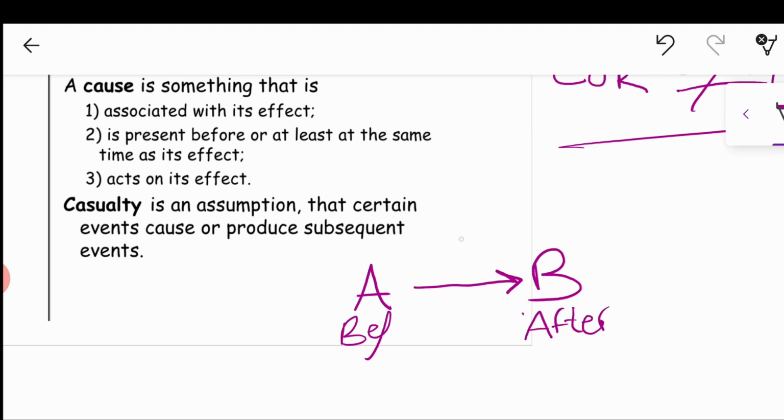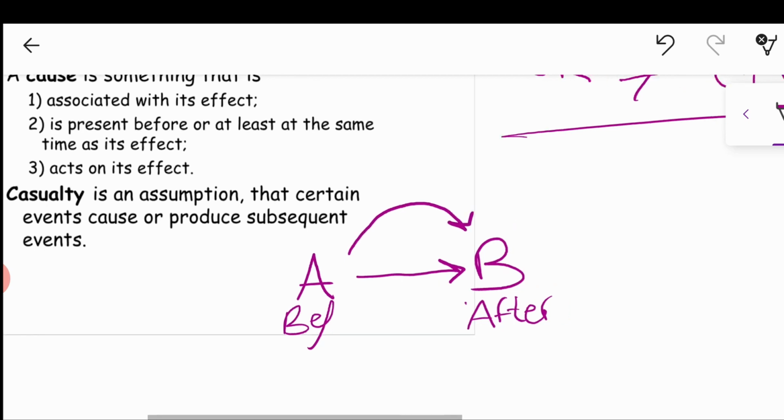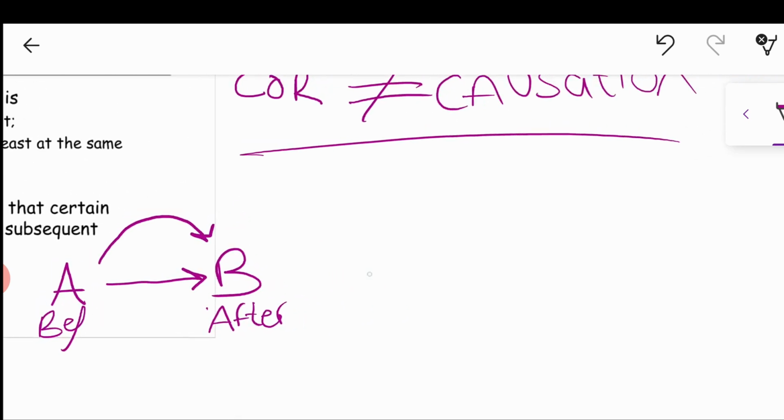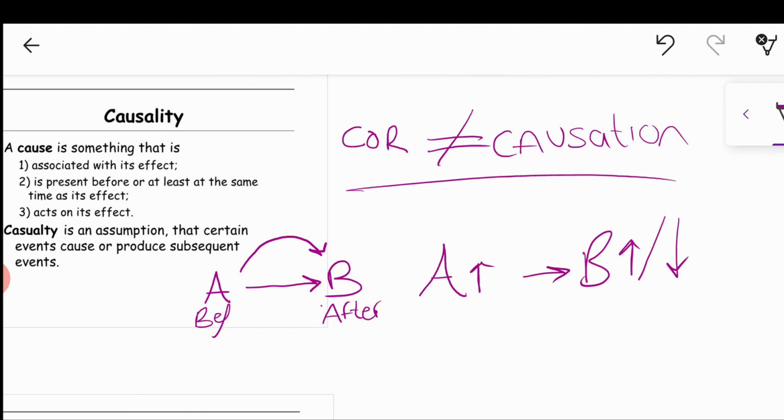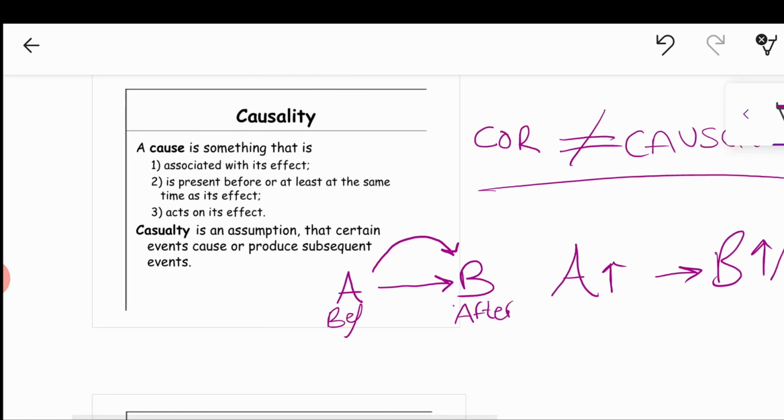And it should have some effect. So if rates of A go up, then B should change, either going up or down. It shouldn't just stay stationary.